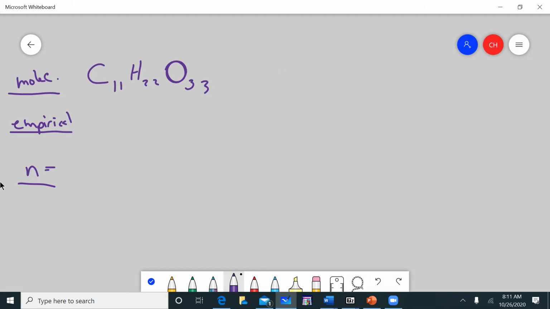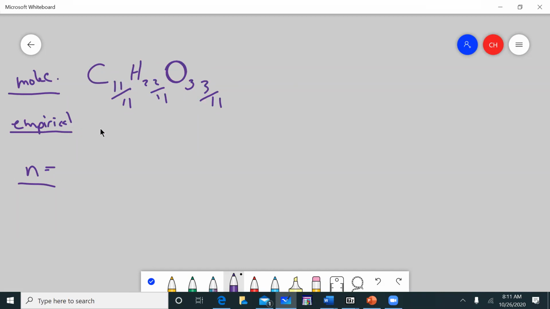So hopefully you can see that each of these values is divisible by 11, right? So 11, 11, and 11. So my empirical formula for this thing, or the lowest ratio of this really clunky molecule in real space, this is what the molecule looks like. It's real clunky and big.